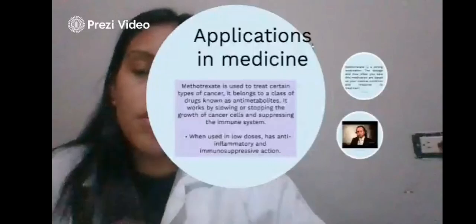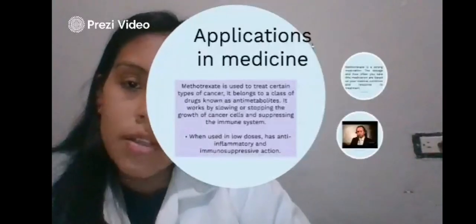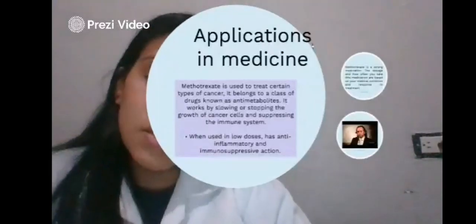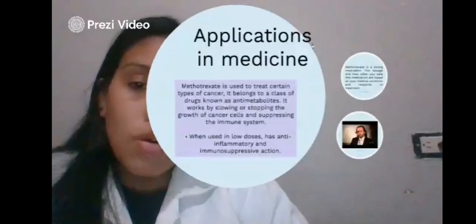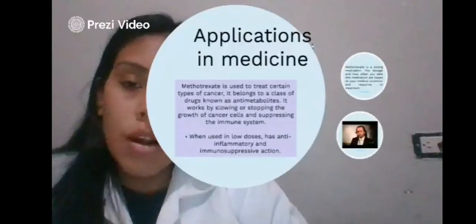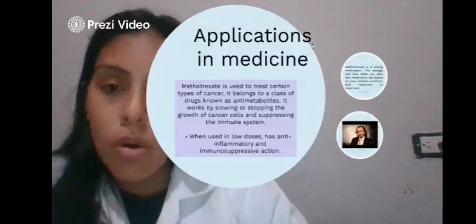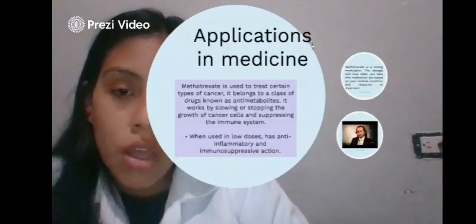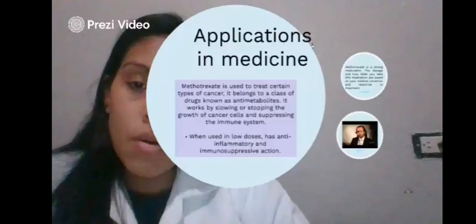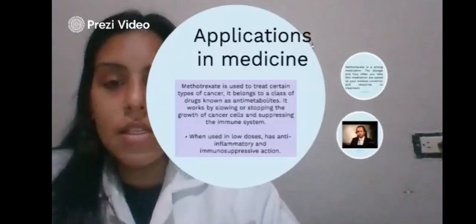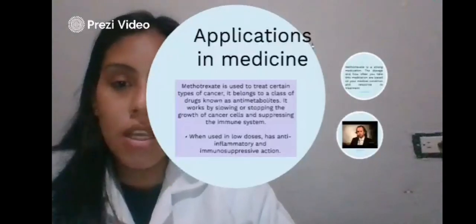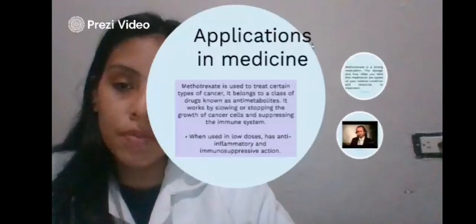Methotrexate is used to treat certain types of cancer. It belongs to a class of drugs called antimetabolites and works by slowing or stopping the growth of cancer cells and suppressing the immune system.